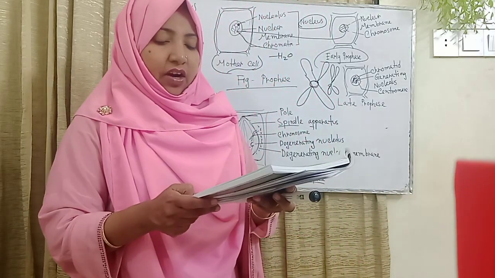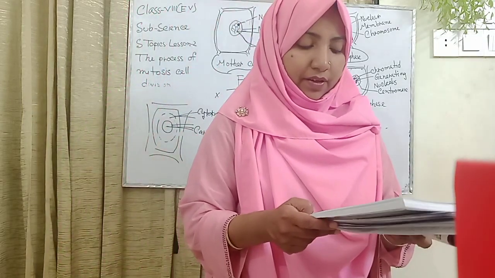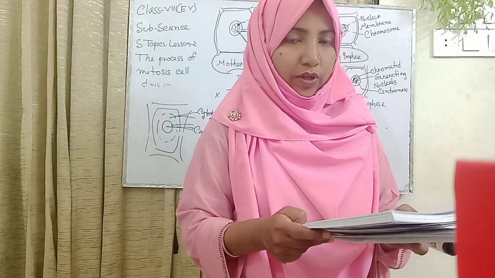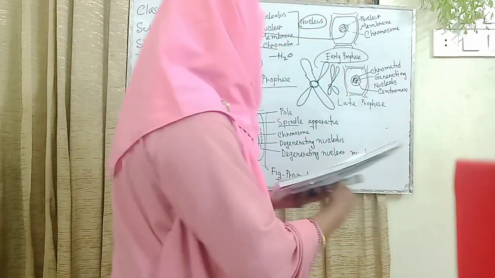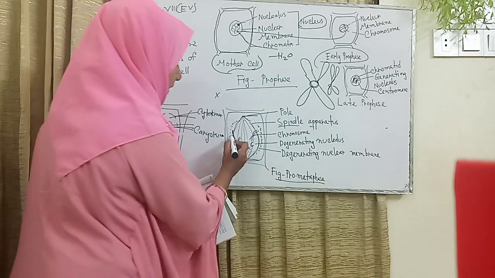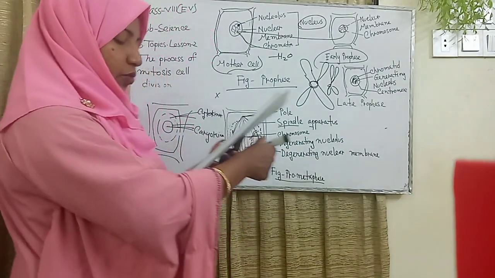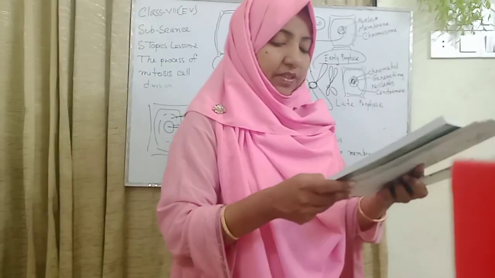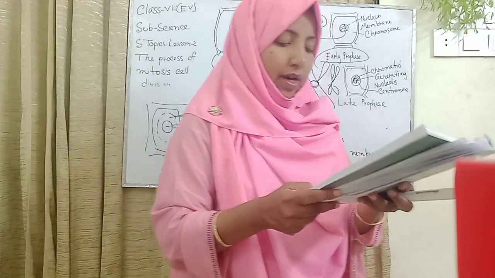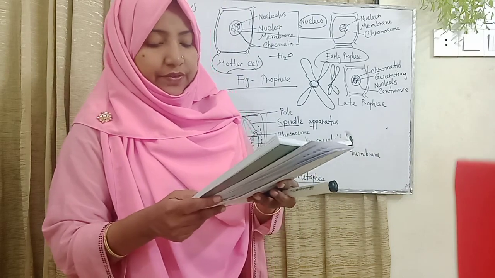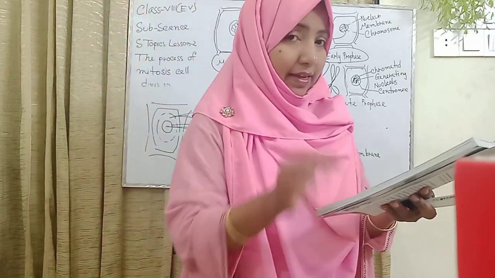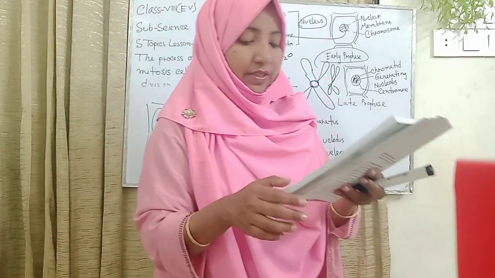The middle area of the two poles of the spindle apparatus is known as the equator. This structure's other name is the equator, and the fibers of the spindle spread from one pole to another. These are known as spindle fibers. Please everyone remark this line.